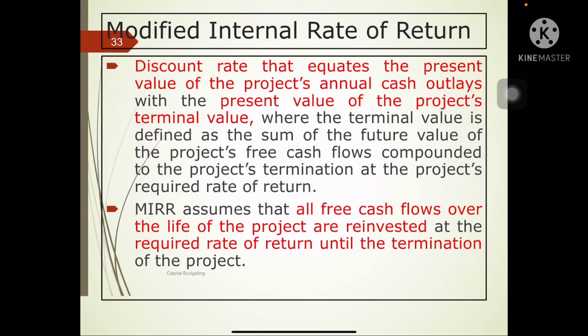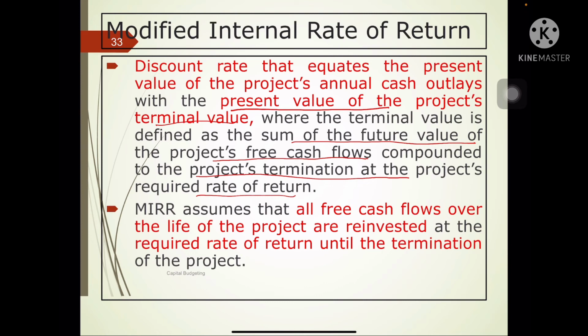Next we move on to the other method, the modified internal rate of return. It is the discount rate that equates the present value of the project's annual cash outlays with the present value of the project's terminal value. The terminal value is defined as the sum of the future value of the project's free cash flows compounded to the project termination at the project's required rate of return.